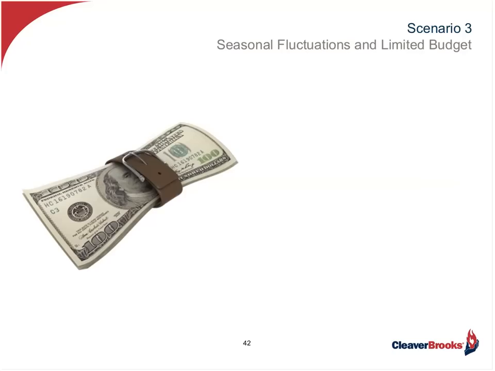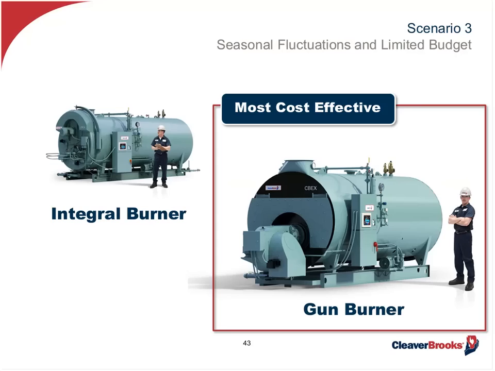So far we've addressed space and fuel cost. But what about seasonal fluctuations? As far as the budget is concerned, if we take a look at seasonal fluctuations and also limited budget, let's look at the budget first.